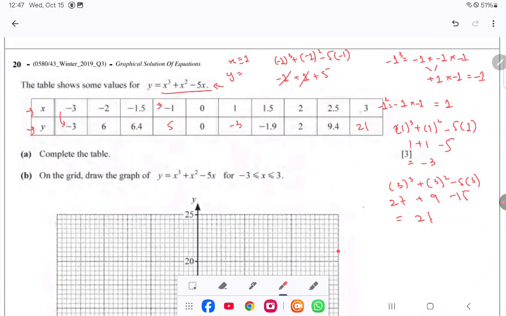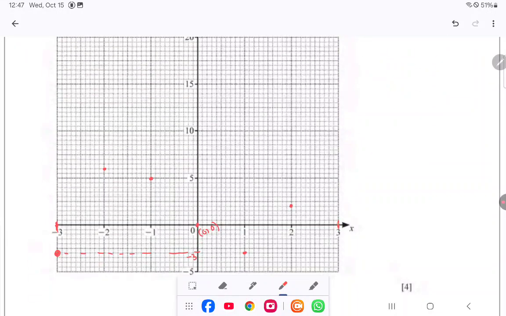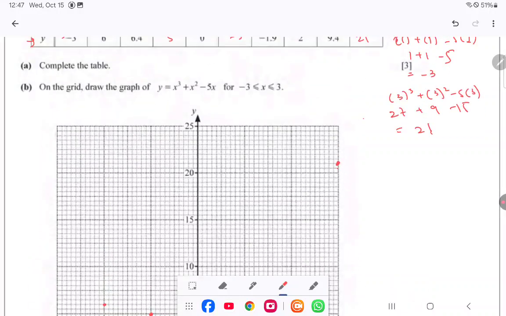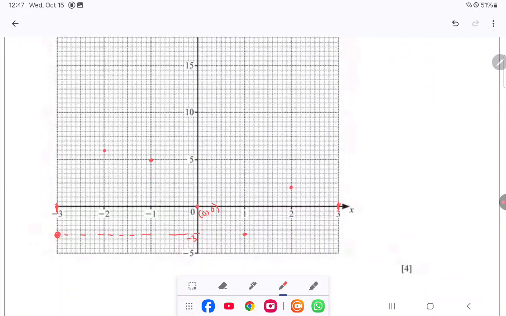On positive 3 x, y gives 21. This is y 21. 2 blocks consider 1 unit. This is 2 blocks, 1 and the 2, on x is equals to 3. On x is equals to 2, y also gives the value of 2. This is the value of 2. 2 blocks, 1 unit. This is 1 unit. This is the second unit. This is y 2.